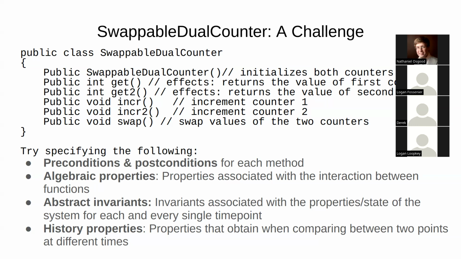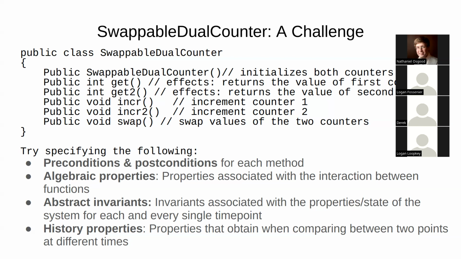So if we call get, whatever we get back is equal to if we swapped and called get 2. That is true. And mutatis mutandis, if we call get 2, we get back the same thing as if we swapped and call get, right? Good.